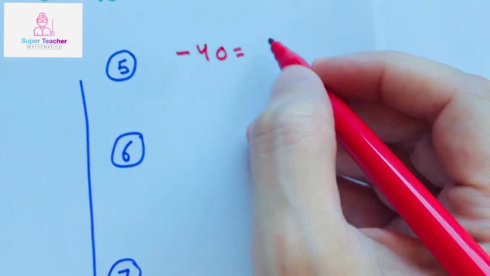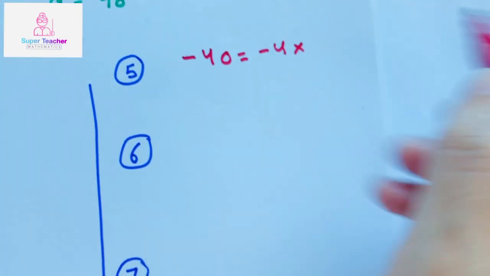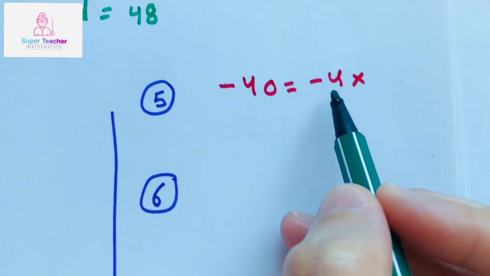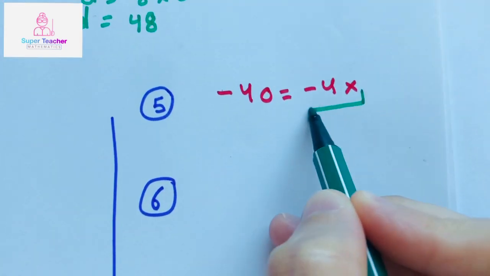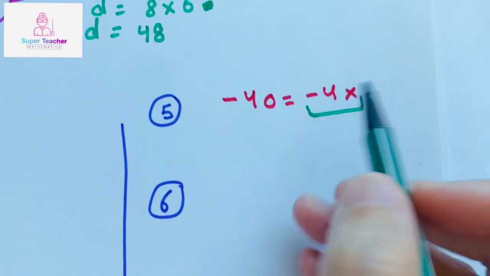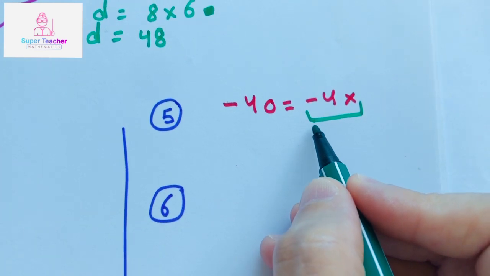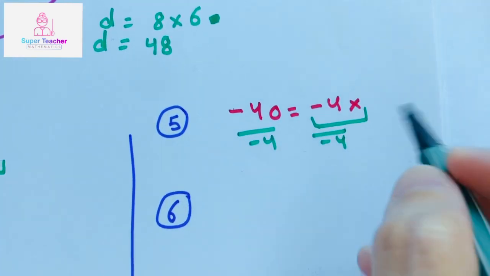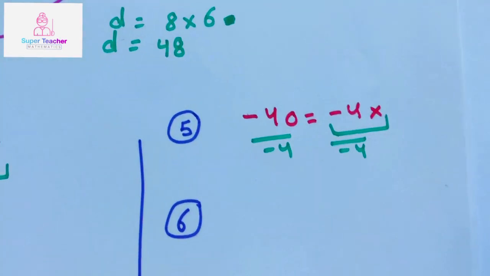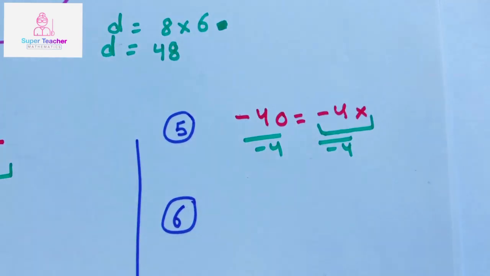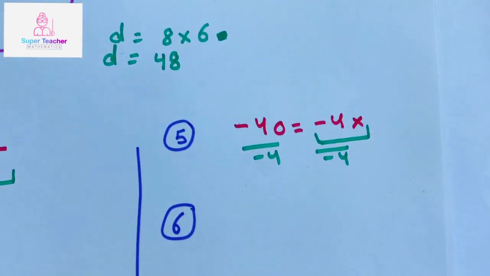Now question number 5. -40 equals -4x. Okay, here this side is the important side for me, so what do I do? Here it is multiplication. What's the inverse of multiplication? So I'm going to divide both sides by what? By -4. Yes, some students get confused and divide by -40. No, the important side for me is the side with the variable.